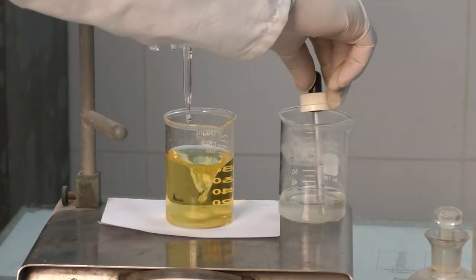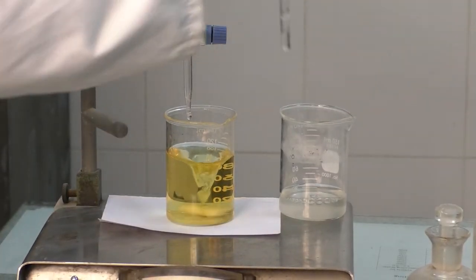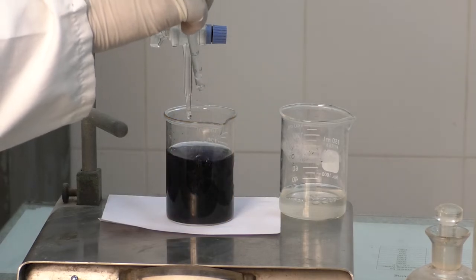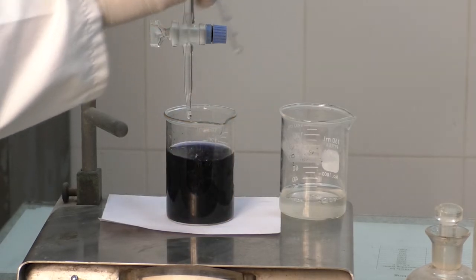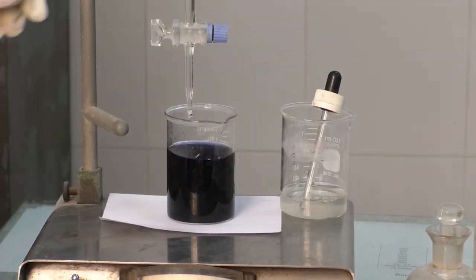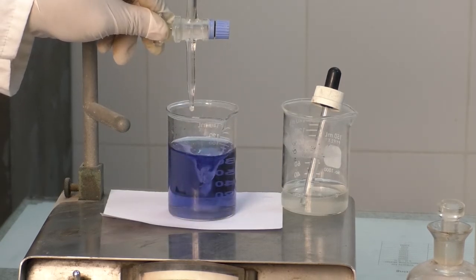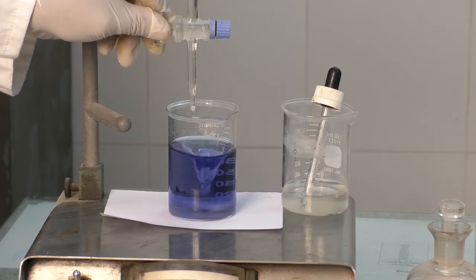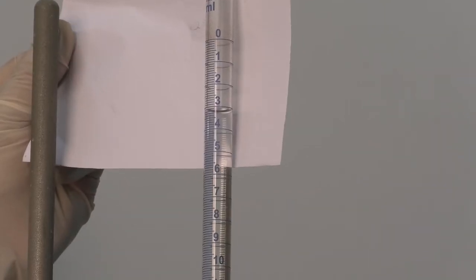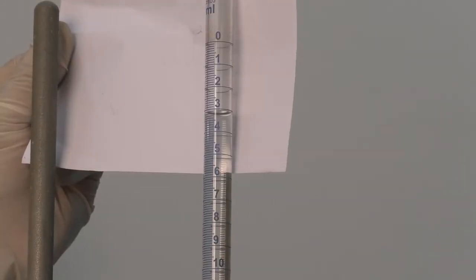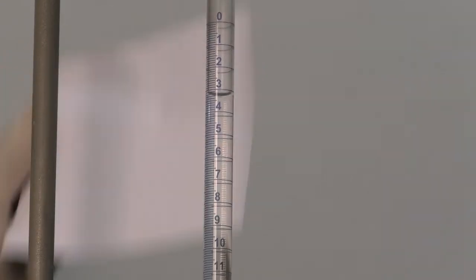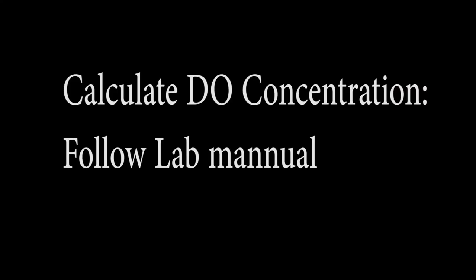At that point, we will add 1 milliliter of starch solution and the color of the sample will turn blue. Then we will continue adding sodium thiosulfate solution until the blue color just disappears. We will record the milliliters of thiosulfate solution used, and then we will be able to calculate the dissolved oxygen as per the calculation procedure mentioned in the lab manual.